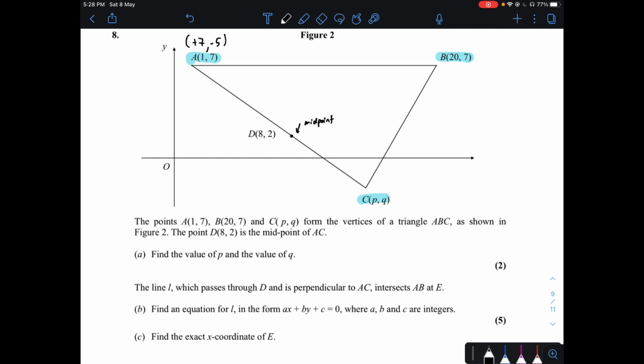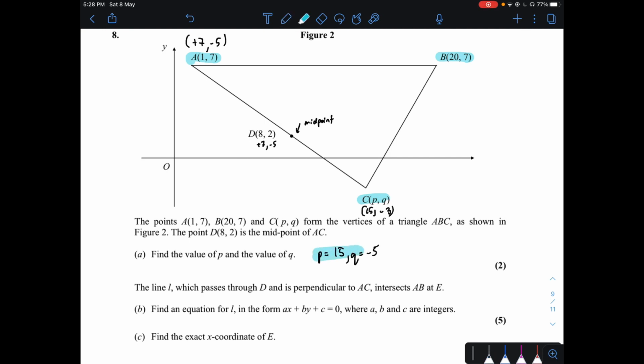We add 7, and we take away 5 from 2. So you're left with 15 here and -3 here. So what's P? P is 15 and Q is -3. So that's the answer for part A.